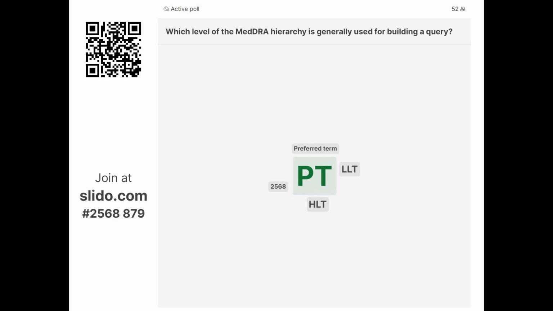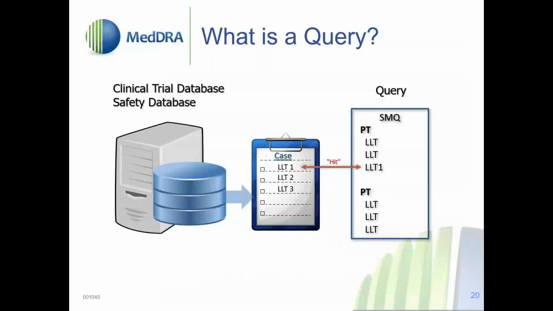And we come to that now, because what is a query actually? If you start from the left-hand side, you see that we have a clinical trial database or a safety database. And these databases contain cases with events coded to MedDRA LLTs. So here we have our LLTs, and each case can contain one or several LLTs.